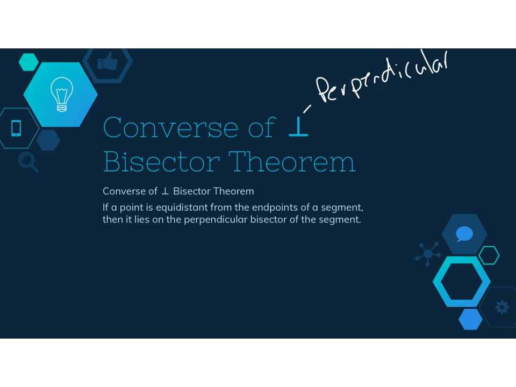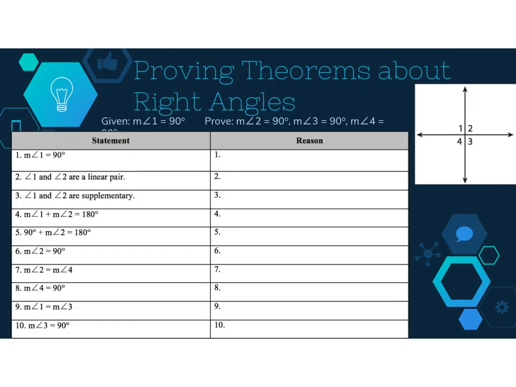So remember, converse is just flipping your if and then. Previously we said that if a point's on a perpendicular bisector of a segment, then it's equidistant from the endpoints. Well, now what we're stating is if a point is equidistant, then it is on the perpendicular bisector. Okay, so those are good ones to know.